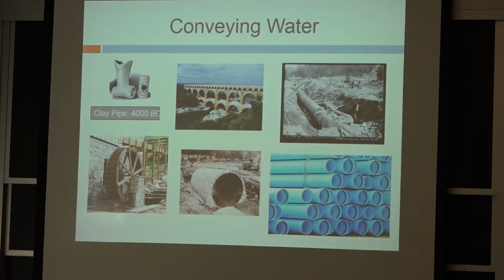So the conveying of water is a good example of how we went from different materials, starting in 4000 BC with the clay pipe, because that was the technology that was available, to a concrete aggregate type material, stones, to wood, and then later on, cast iron, ductile iron, plastics.